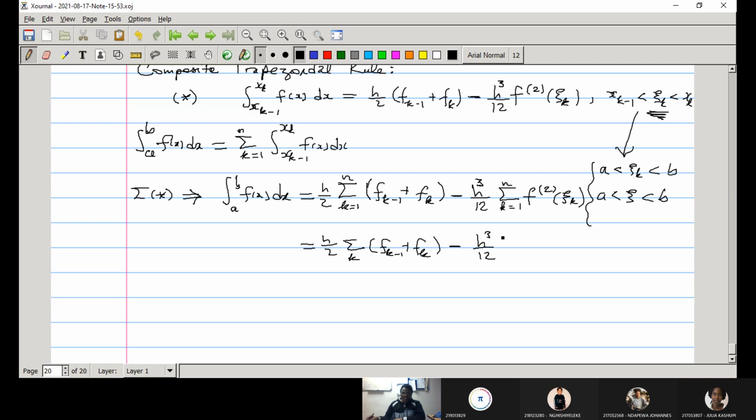Now, this one, I can still find a psi so that this is true. Of course, the fact that this function is continuous means it is bounded, right? So this will be bounded, this is bounded, that will be bounded. So I can still find something like this.